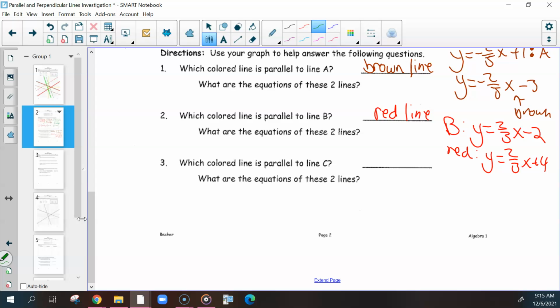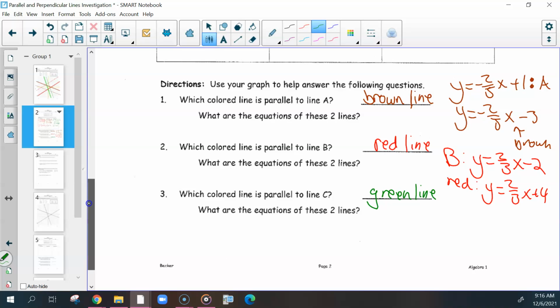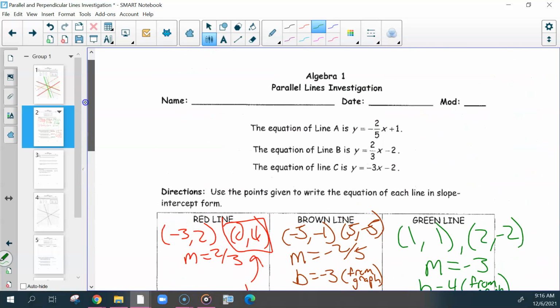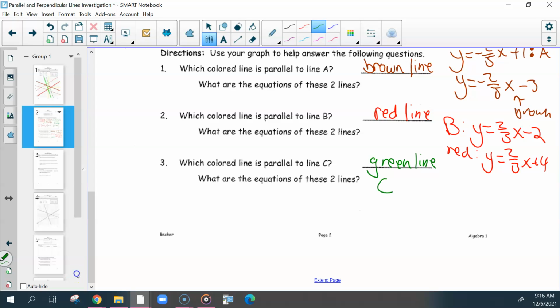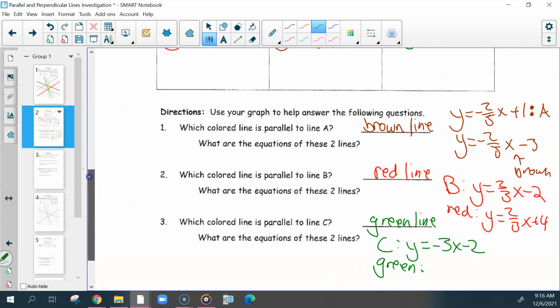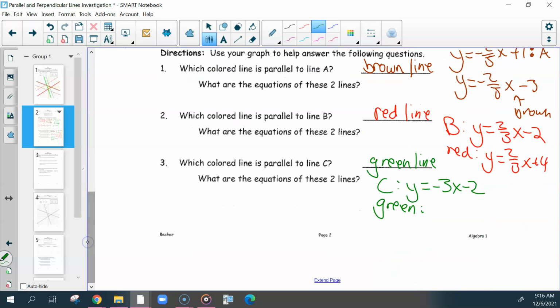Leaving the last one to be green. For C, that was y equals negative 3x minus 2. And your green was y equals negative 3x plus 4.